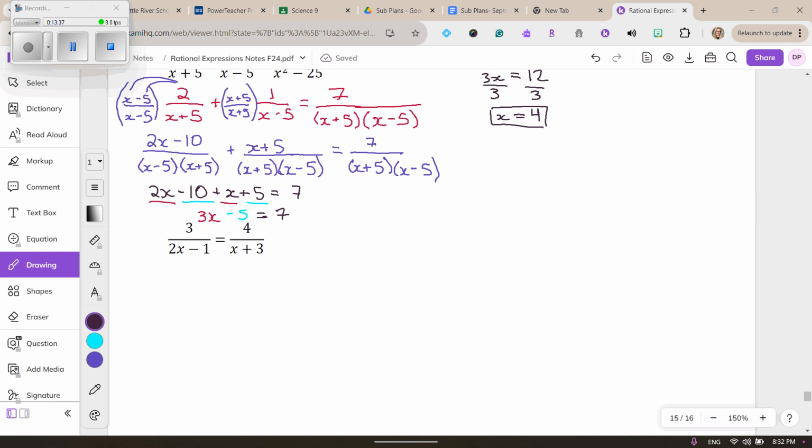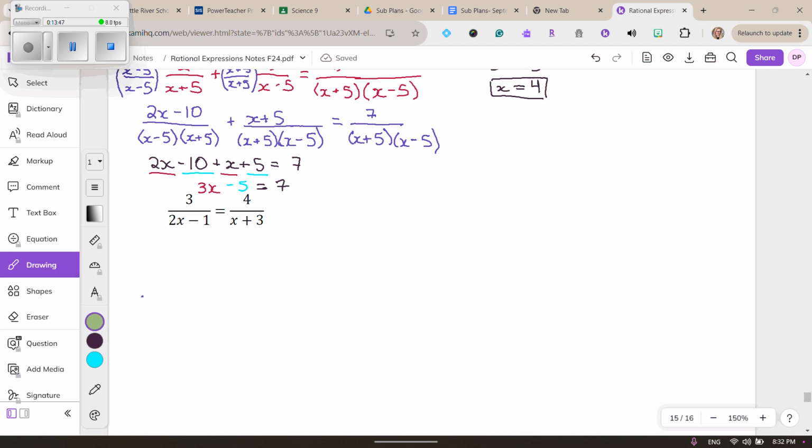So the last one, I have 3 over top of 2x minus 1 equals 4 over top of x plus 3. So if the denominators are completely separate, by completely separate, I mean that they're different binomials, what we are going to do is multiply the opposite fraction on the opposite side by the other denominator.